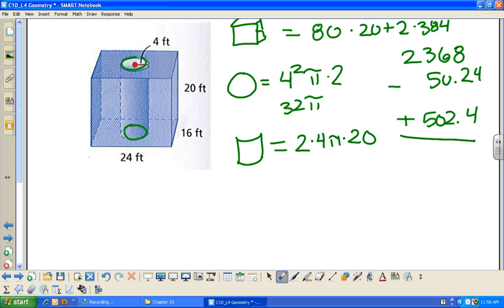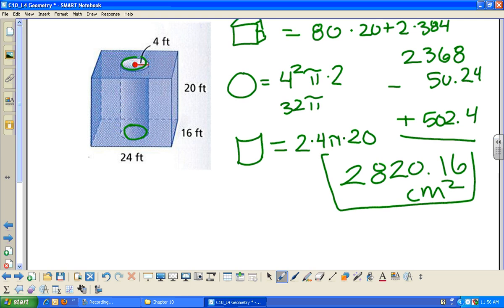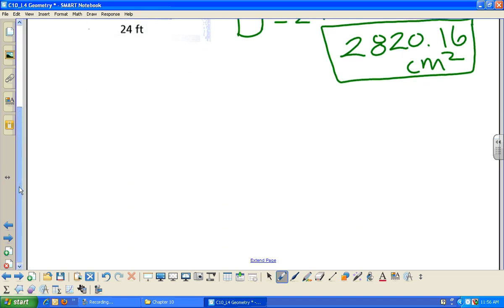If we take 2,368 minus 50.24 plus 502.4, my surface area is 2,820.16 centimeters squared. So you should always break down your figure into multiple different parts.